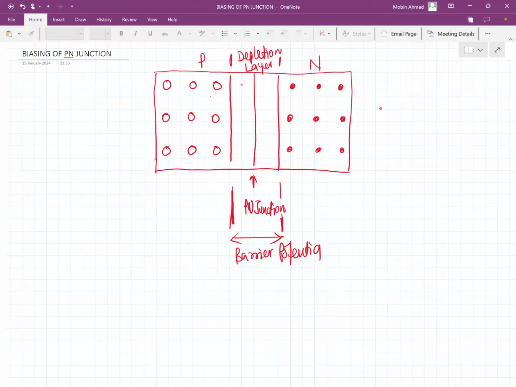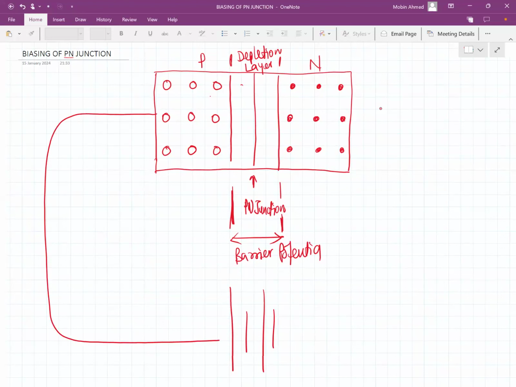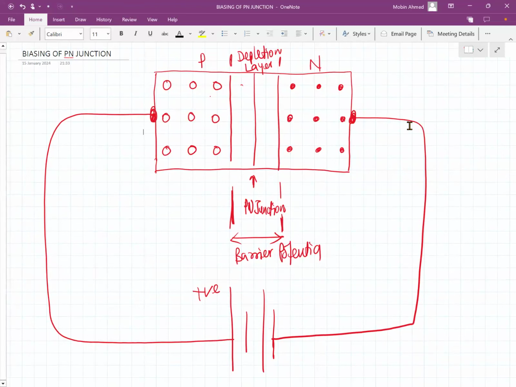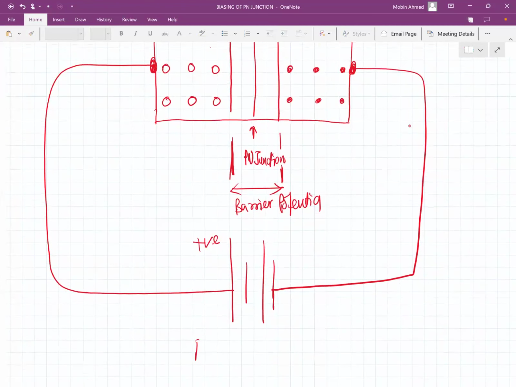When we connect it with a battery, suppose P is connected with the positive terminal of the battery and N is connected with the negative terminal of the battery, this is known as forward bias.